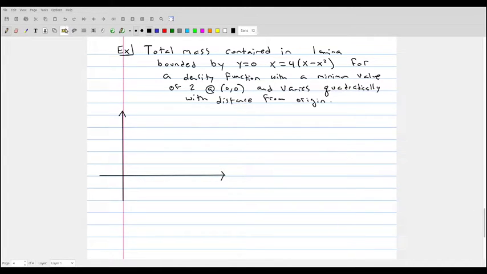The first thing that you always want to do when you have one of these problems is to make a distinction between the geometric domain and the mass density function. So first we'll consider the domain, the actual shape of the lamina. The function y equals 4 times x minus x squared goes from x equals 0 to x equals 1.